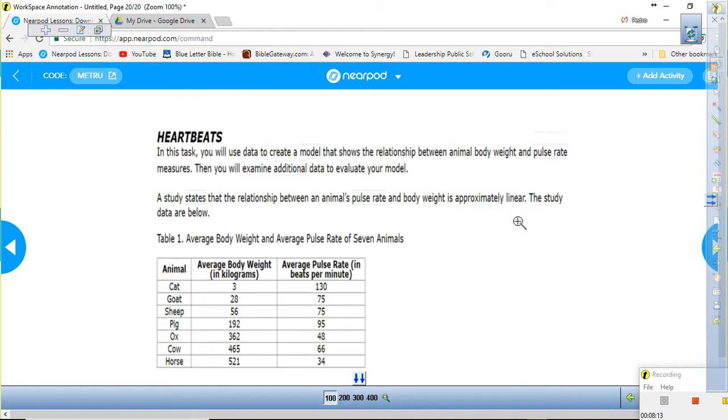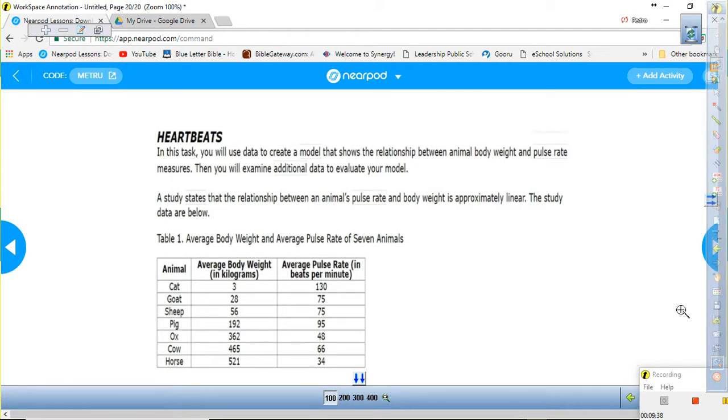That the slope, remember the definition of slope is a constant rate of change. That means it makes it a straight line. That's what linear means. The study data are below. So here's the data. So for tonight, I'm going to have you plot points, sketch a best fit line, and write an equation from that line. So we're going to do this for this example.